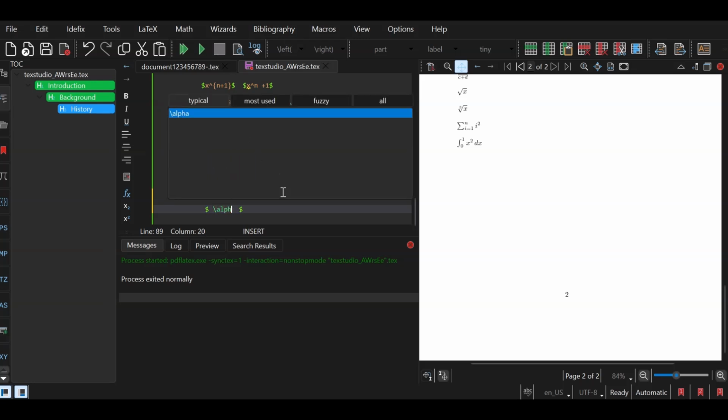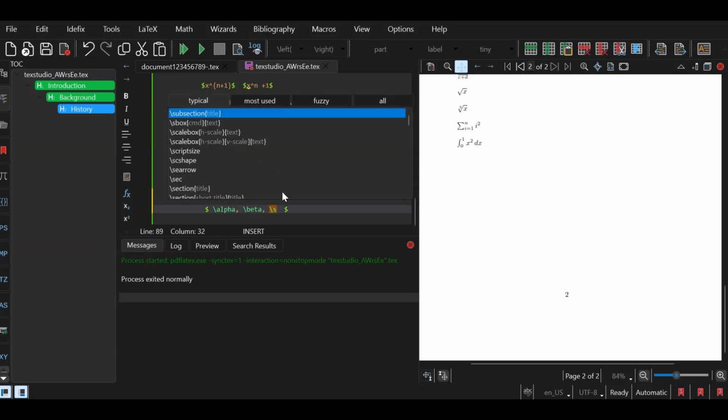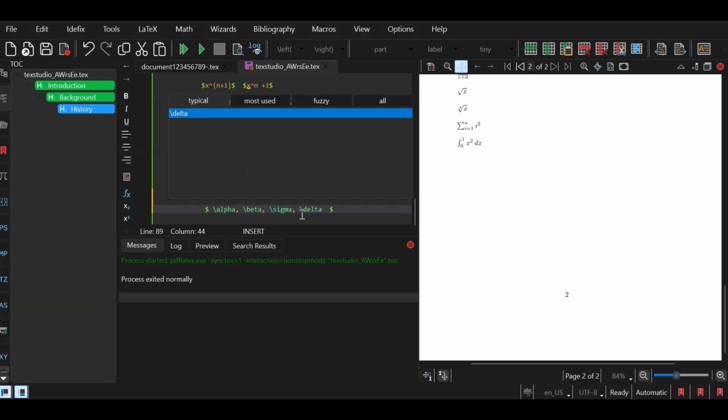For alpha, just write backslash alpha. For beta and sigma, whatever you want to write, just write a backslash and then your letter, then delta. Okay, and there are many more.